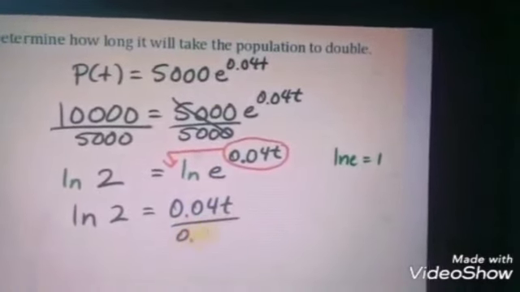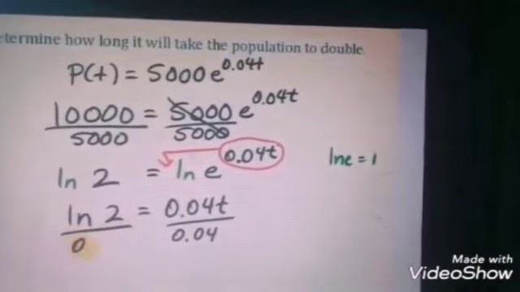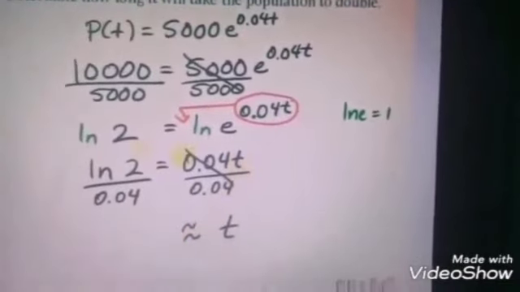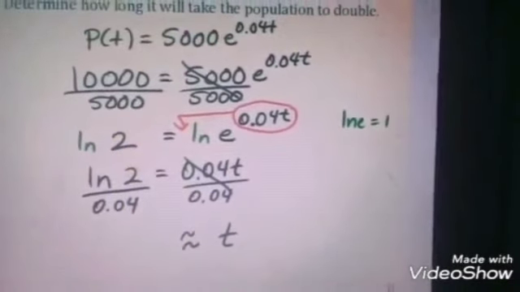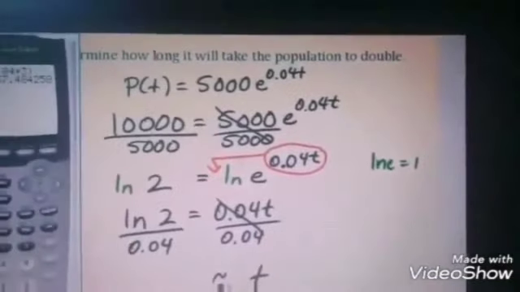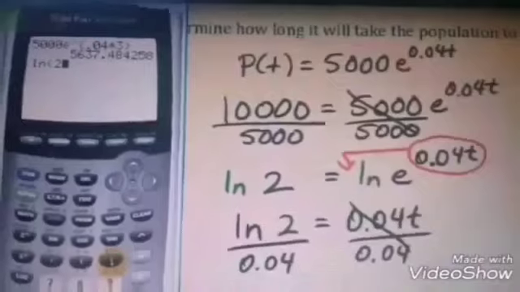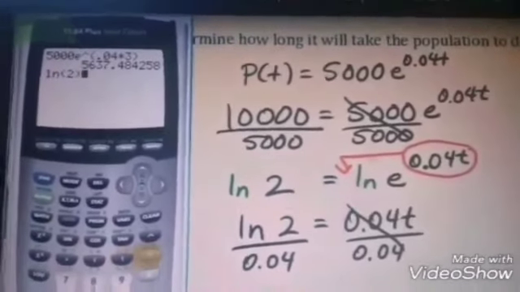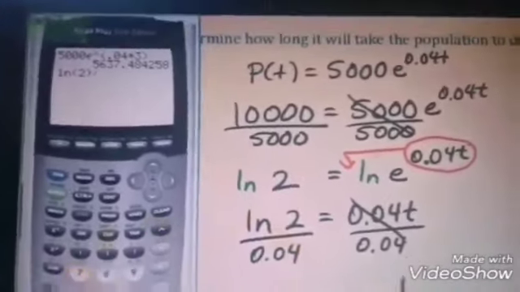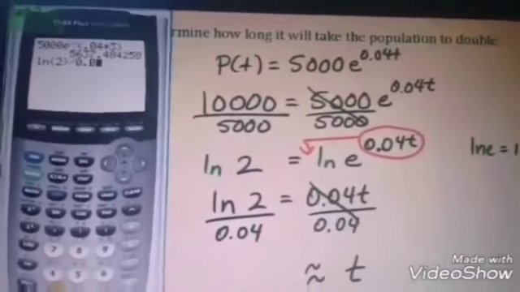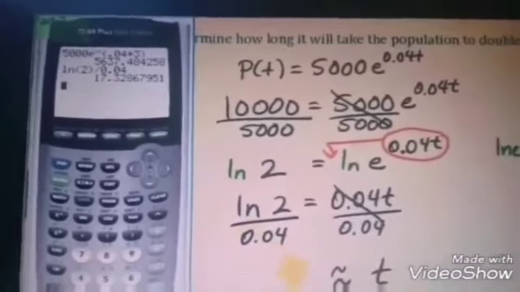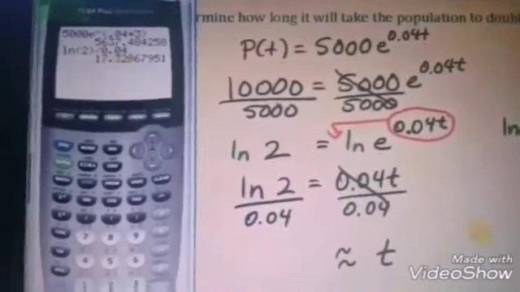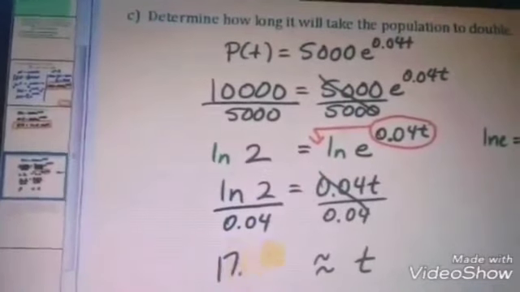Now we just divide by 0.04, so we have natural log of 2 divided by 0.04, which happens to be our growth rate. So the doubling time is approximately 70.3 years.